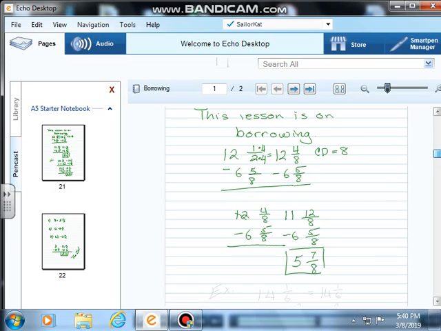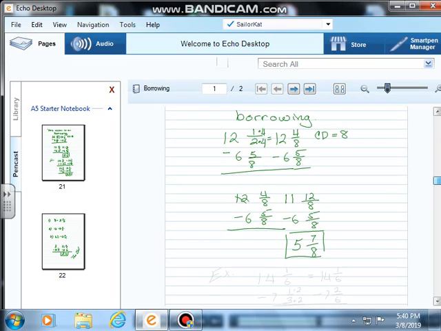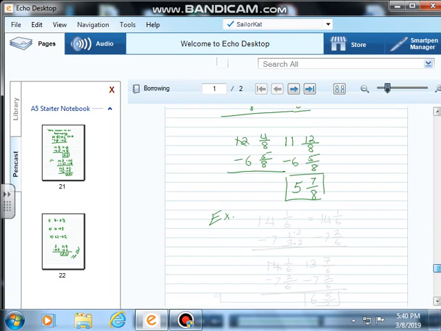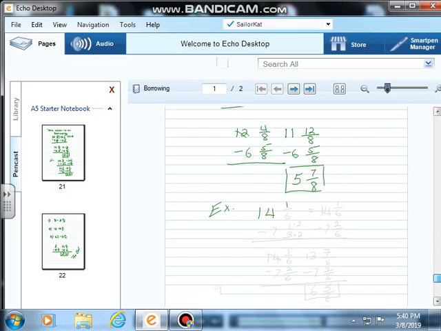Let's do one more to make sure we understand this completely. Another example is 14 1/6 minus 7 1/3. Make a common denominator of 6. Rewrite 14 1/6 minus 7 2/6.